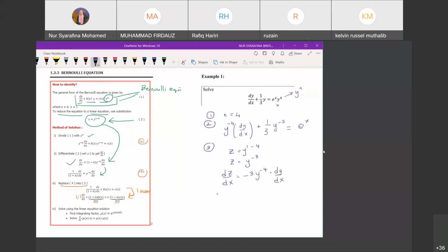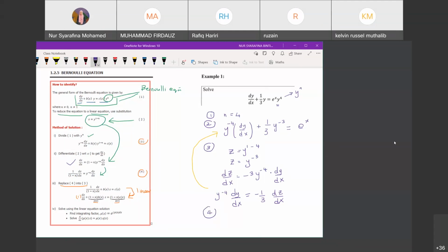So from here, y^(-4) dy/dx becomes -1/3 dz/dx. And then substitute to this equation.